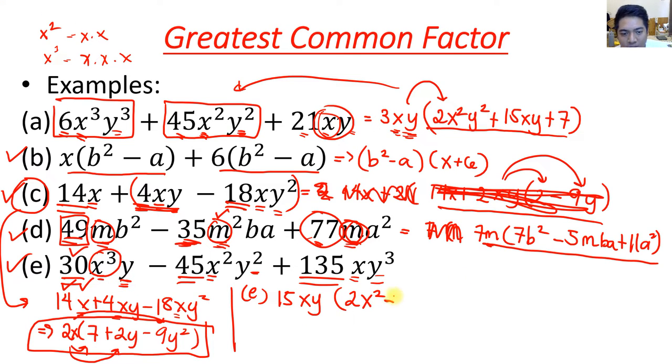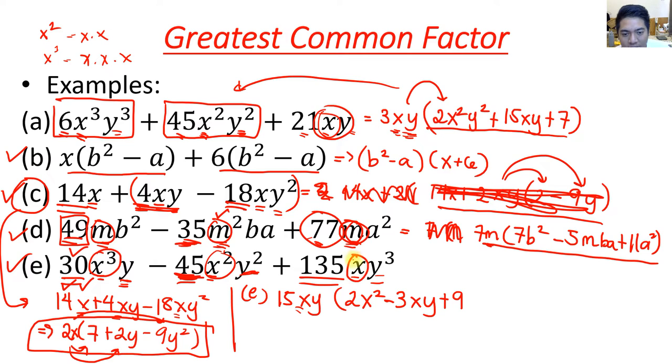Minus, let's go to 45: 15 times 3 would be negative 45. I factored out 1x, so this becomes only x, and I factored 1y here, so this becomes xy. And lastly, plus 9, because 15 times 9 would be 135.